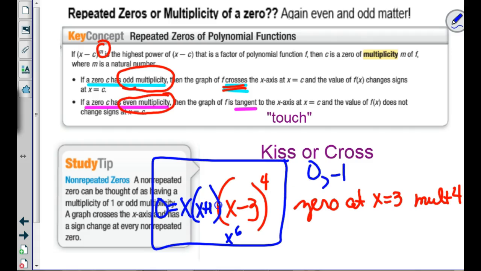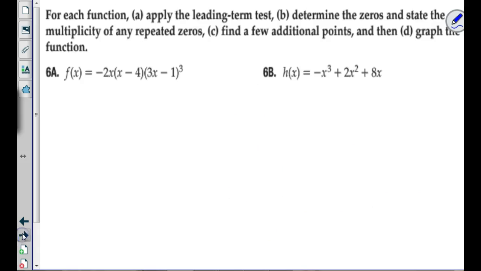But those are both just multiplicity 1. They're not repeated zeros, so it would actually cross the x-axis. So I can predict right now that if I graphed this on the calculator, it would cross at -1. It's degree 6, so both ends would be up, cross at -1, cross at 0, and then out here at 3, it would bounce because it's an even multiplicity. So much we know just by predicting from those things.